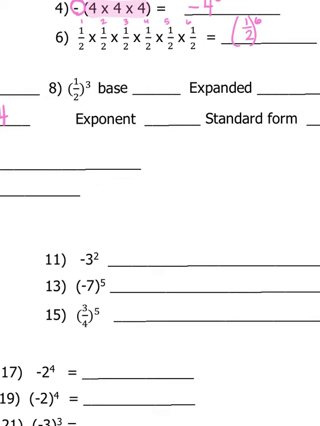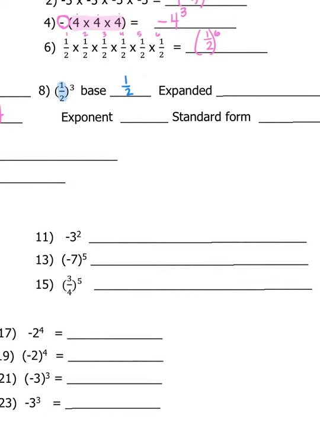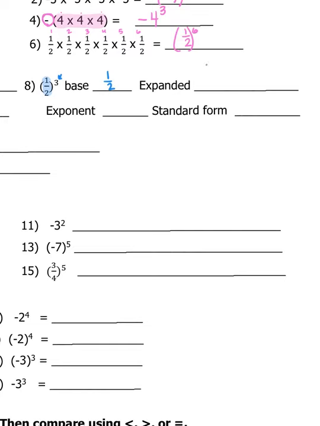So here the base is the number in the parentheses, so the base here is 1/2. In expanded form, we have the 3, so we're saying 1/2 times 1/2 times 1/2, 3 times.